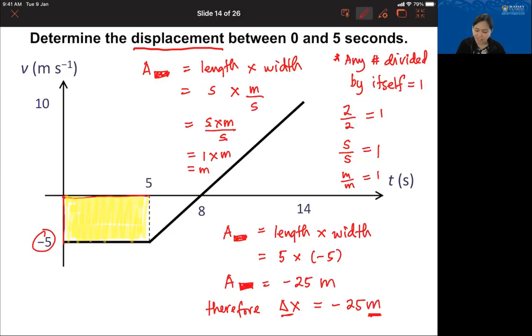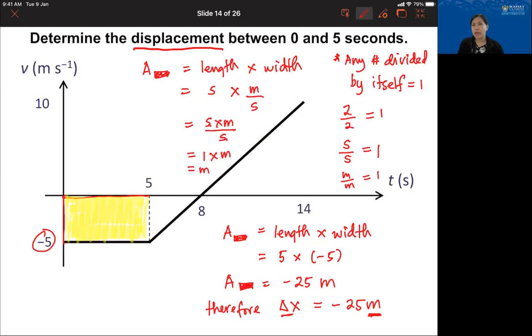So this is the mathematical working of why the unit for the area of a velocity time graph is meters. But you can also think about it in the sense that you are finding the displacement, and the unit for displacement is meters. Does that make sense?